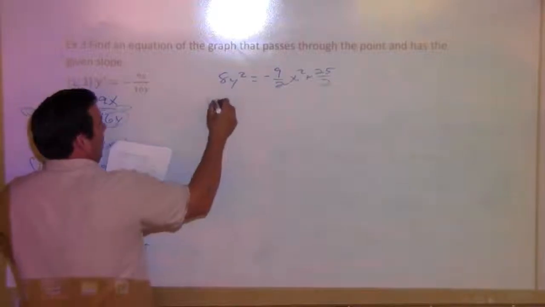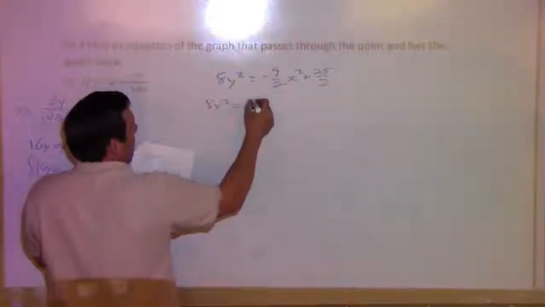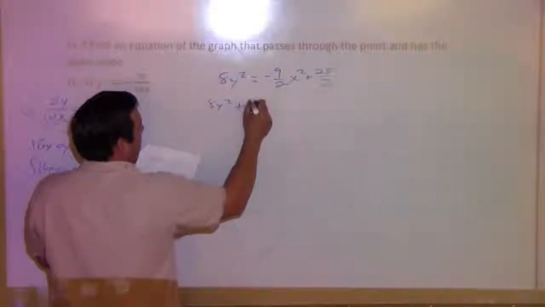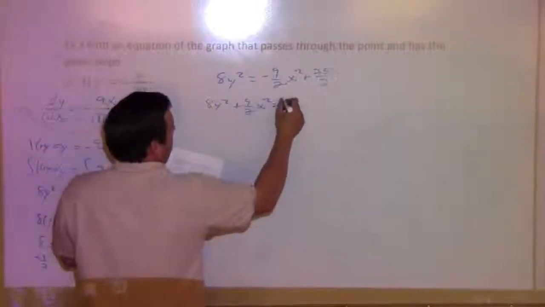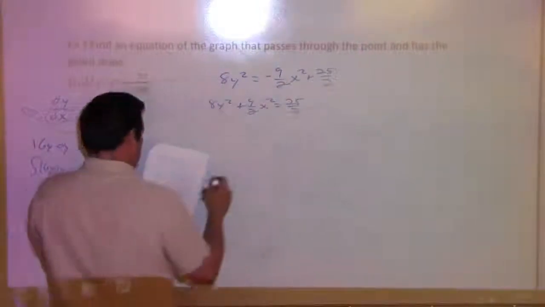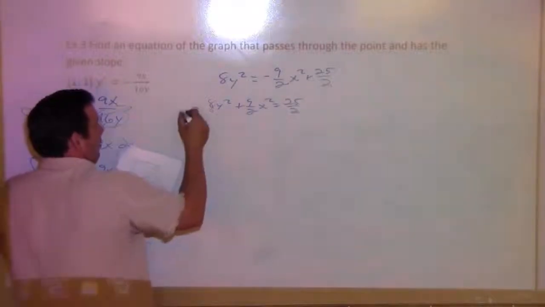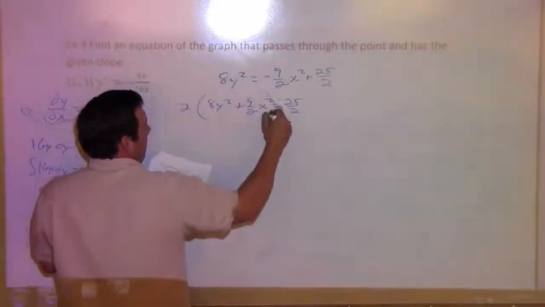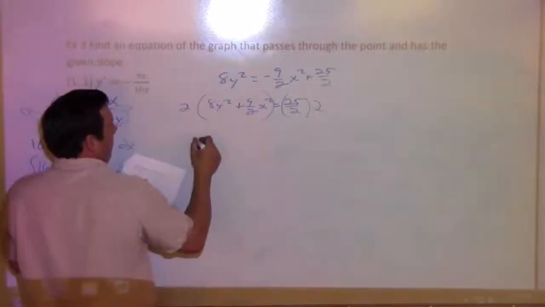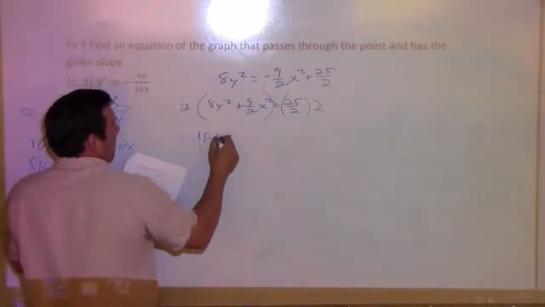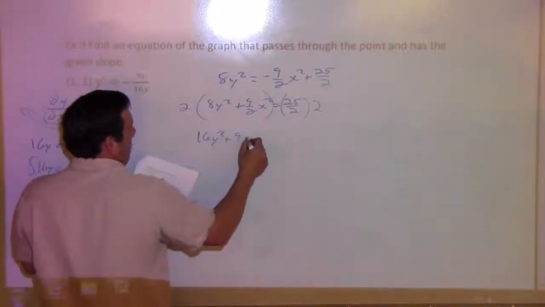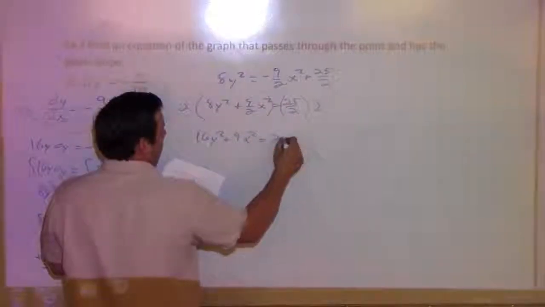We bring this over: 8y squared plus 9 halves x squared equals 25 halves. Now if I multiply through by 2, I have 16y squared plus 9x squared equals 25.